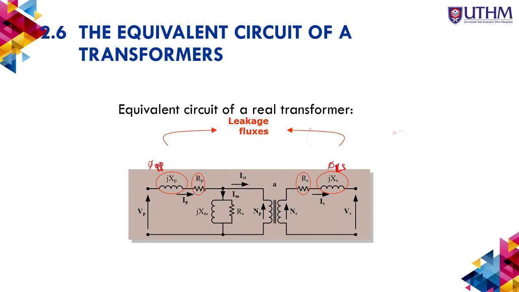The resistor here is based on copper losses, for the primary side and the secondary side. So what is this part? This part is the core loss current, and this one is the magnetization current.